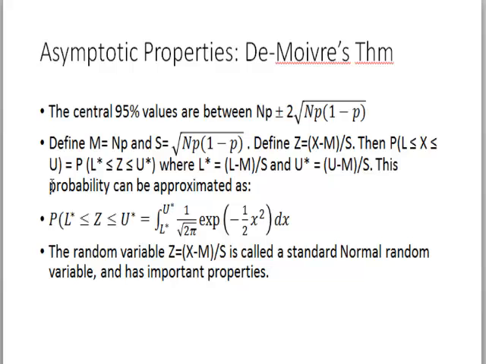Okay, so if I want to get 95%, then NP by itself, as I said, the probability of NP is going to 0. I have to extend the interval in order to catch more probability. So how much do I need to extend it to catch 95% probability? And again, this is asymptotic, so this is true for large n. How large n has to be is again a question that we will consider. But basically NP plus or minus 2 times the square root of NP(1 minus P) is a 95% interval.